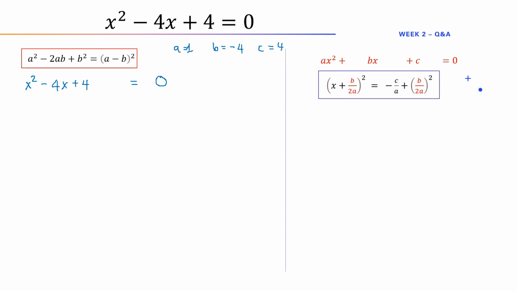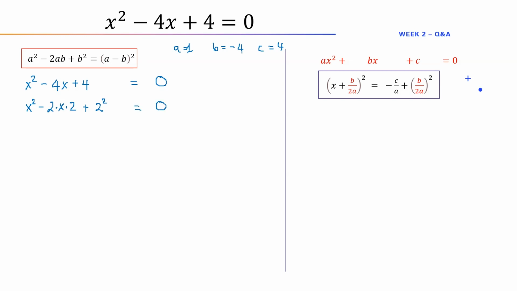Alright. So I see that 4 I can factor into 2, so I can write x squared minus 2 times x times 2. And I see that 4 is 2 squared. That's perfect, right? We don't have anything left over.